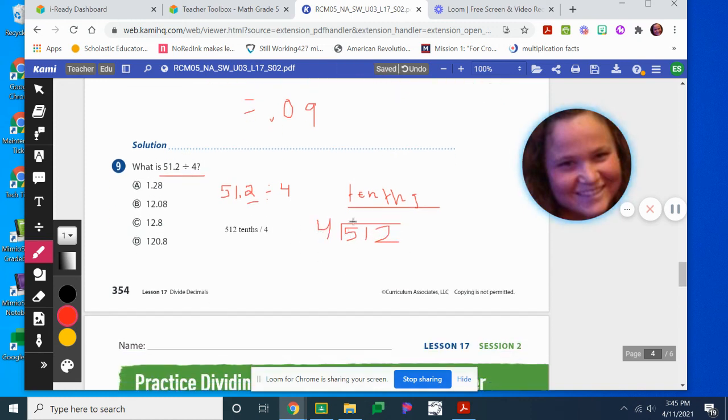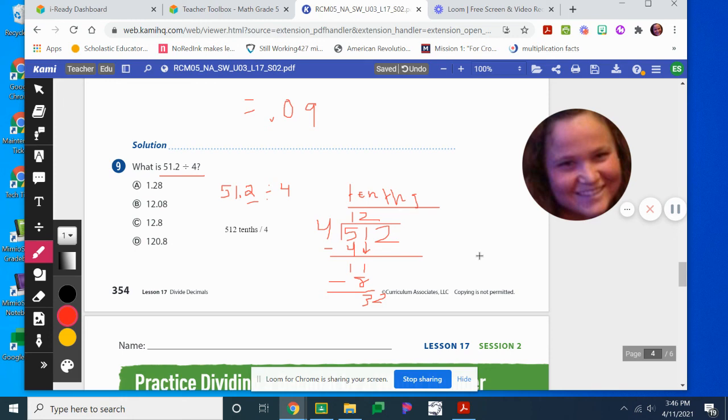So 4 goes into 5 one time. 4 times 1 is 4. I'm going to subtract, so that equals 1. I'm going to bring down my 1. 4 goes into 11 twice. That's 8. I'm going to subtract that. 8, 9, 10, 11. I get 3, bring down the 2, so 32.